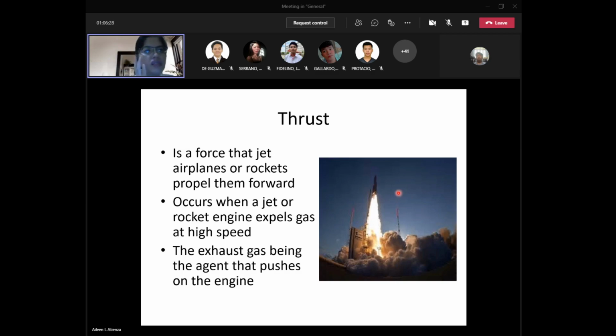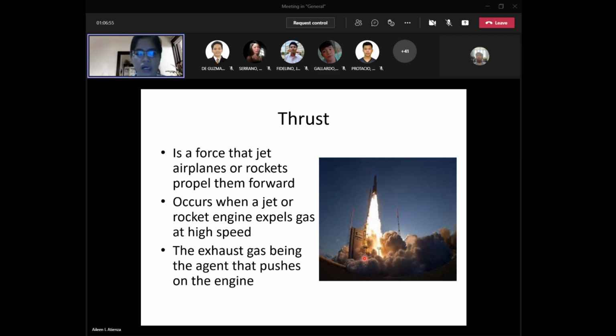When you've seen several videos of a jet launched in air, it's very fast. Its propelling upward happens at high speed. Where does it come from? From the gas that is being expelled. Okay? That's why you see a lot of smoke when we launch a jet in air.